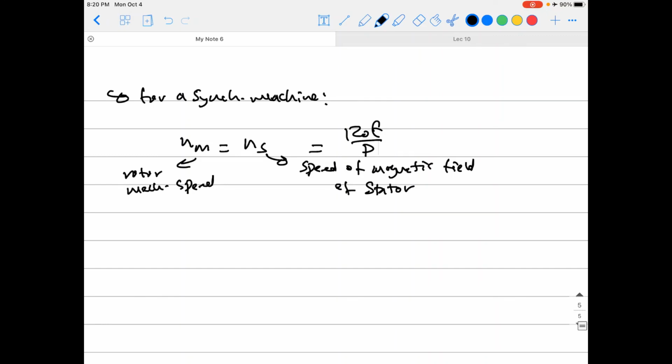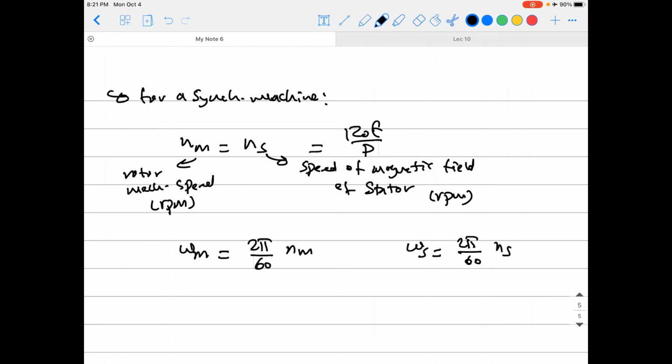And you know that's for any kind, so those n's are in RPMs, but you can multiply both of them by 2 pi over 60, and now you'll have omega m. So omega m equals 2 pi over 60 times Nm. And by the same meaning, omega s equals 2 pi over 60 times Ns.